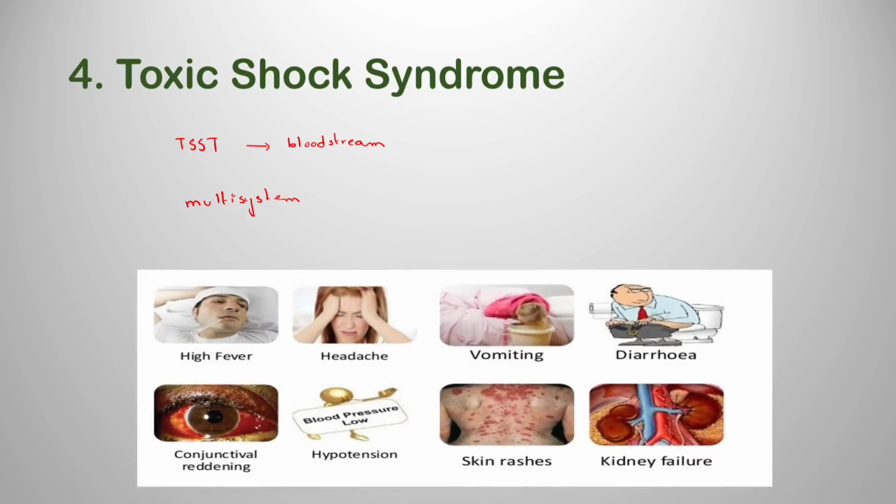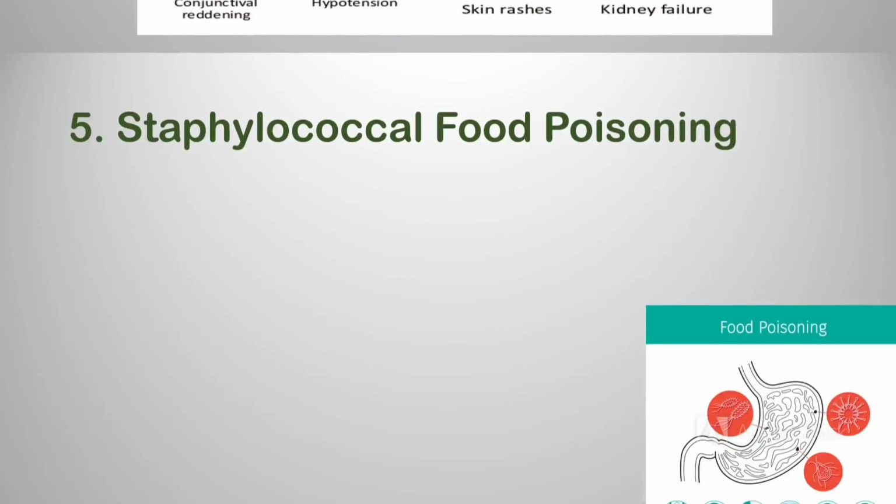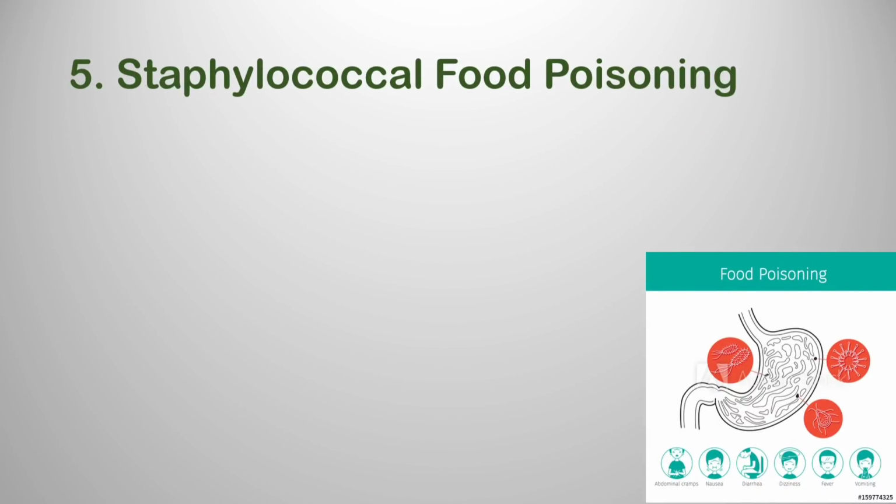Next is toxic shock syndrome. Toxic shock syndrome is caused when TSST, toxic shock syndrome toxins released by Staphylococcus aureus, enter the bloodstream. It is a multi-system illness characterized by high fever, headache, vomiting, diarrhea, kidney failure, skin rashes, conjunctival redness, etc. Now, staphylococcal food poisoning.